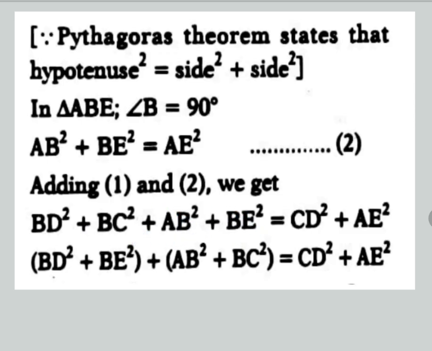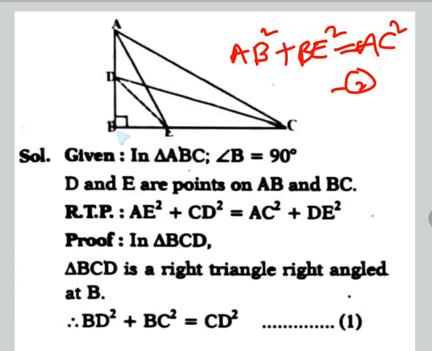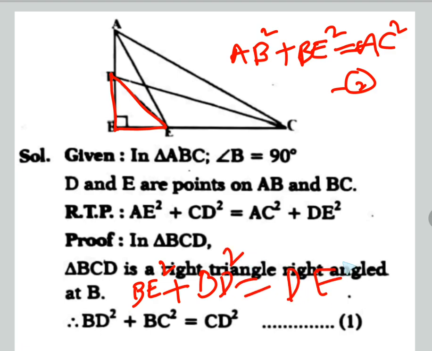Now observe this triangle. BE square plus BD square is equal to DE square.